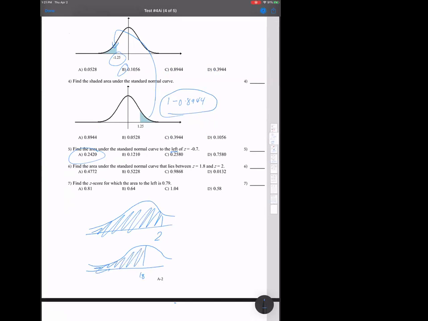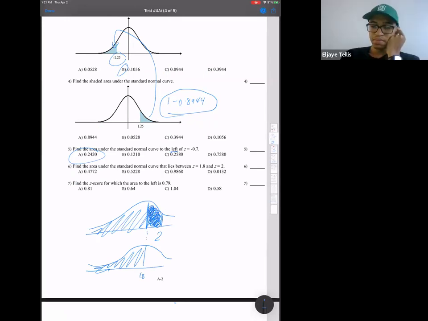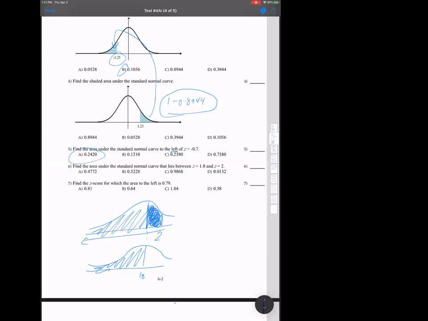But what I want is the difference between the two. This is the actual area I want right here in between them. Yes? Yep. So if I take all of 2, which is all of this, and then I subtract out 1.8, what I am left with will be the area that I'm looking for. So you just have to look up the two answers and subtract them.